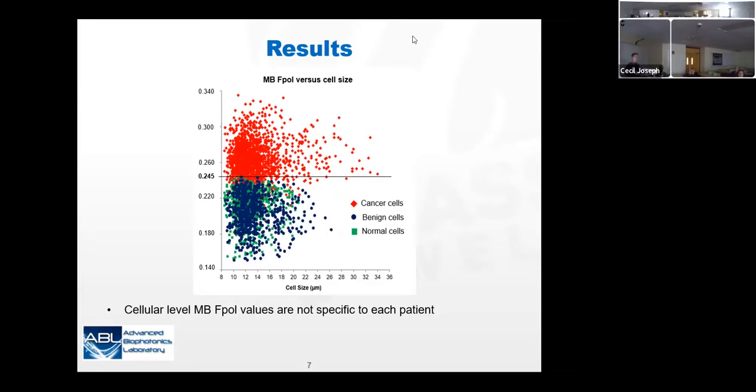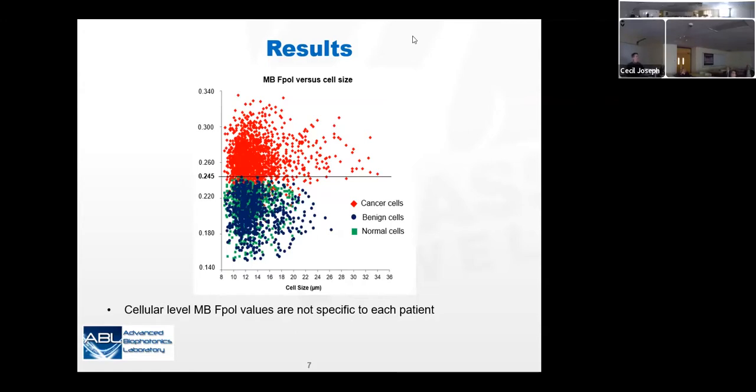So there's another question. I'm not a biologist. The cell size is between 8 and, I would say, 35 microns. Do cells have such large variation?